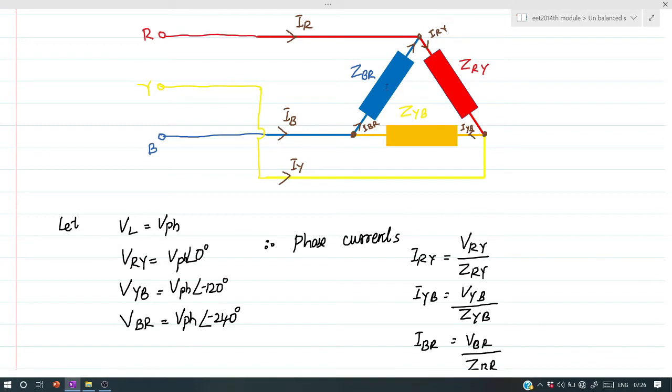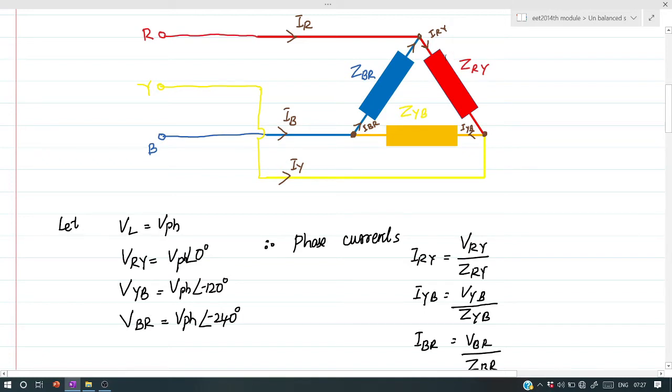Assuming RYB as the phase sequence, as the system is delta connected, line voltage is equal to phase voltage. So VRY can be taken as reference. VRY is equal to V angle 0, VYB is equal to V angle minus 120 degrees, and VBR is equal to V angle minus 240 degrees.